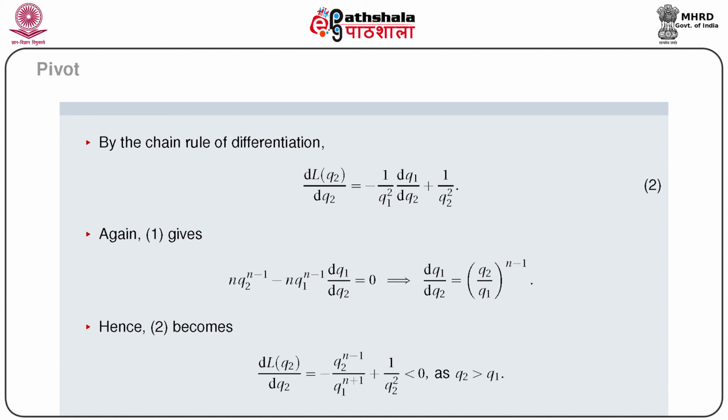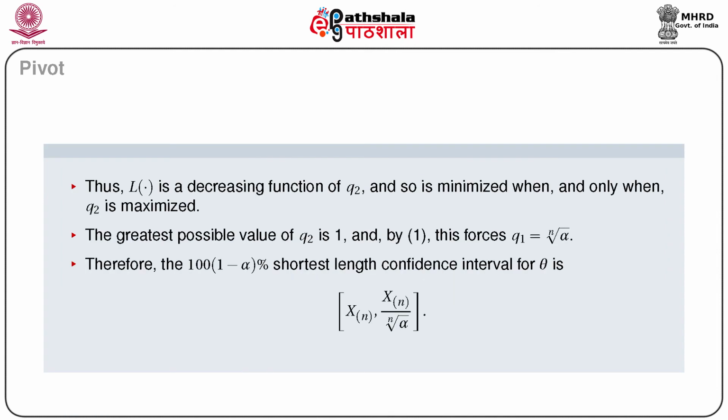Thus we get dL/dq2 = −(1/q1²)(q2^(n−1)/q1^(n−1)) + 1/q2², which equals (q1^(n+1) − q2^(n+1)) divided by q2² q1^(n+1), which is less than 0, and hence L is a decreasing function of q2.